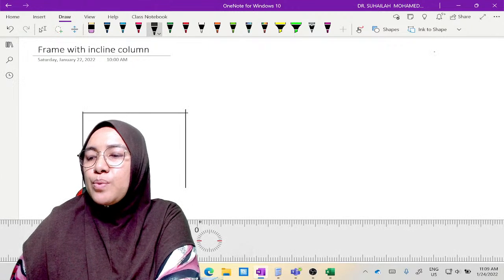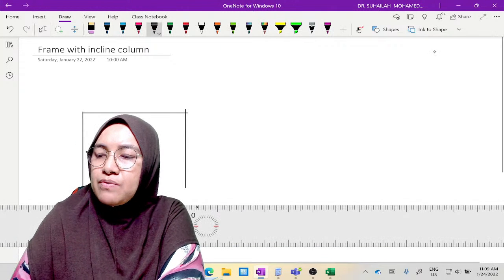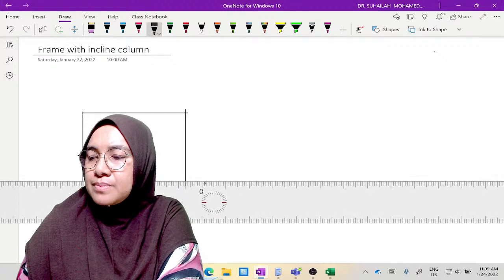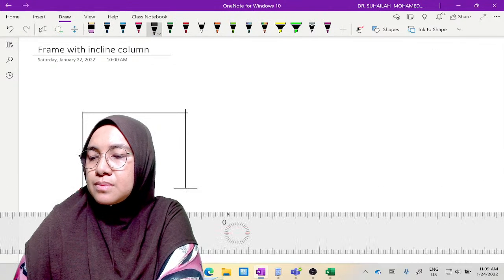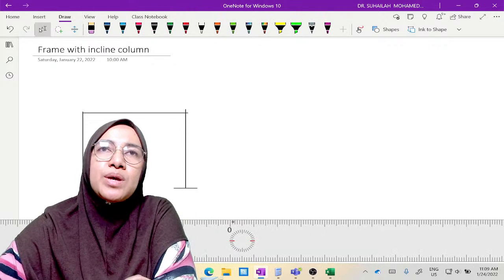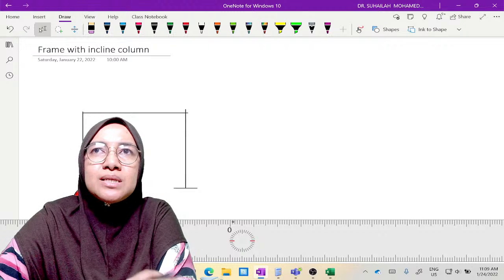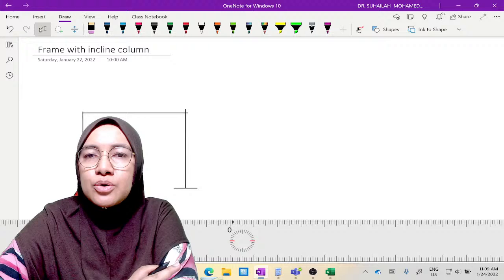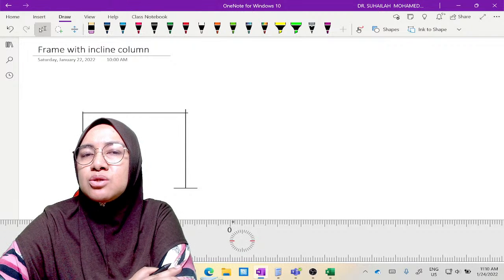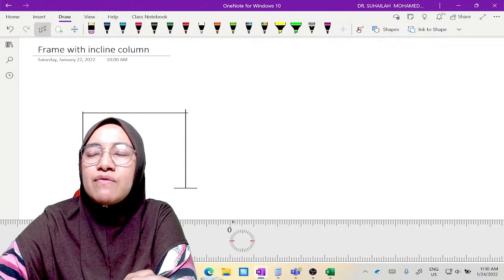When we have a frame like this, about the side sway, side sway means there is a delta which is perpendicular to the member. That is the basic of side sway.